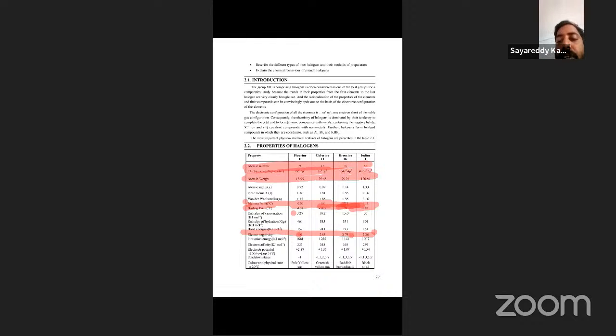Next important one is oxidation state. Fluorine always shows minus 1, so we always write F minus, never positive.